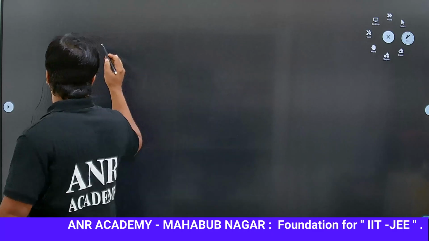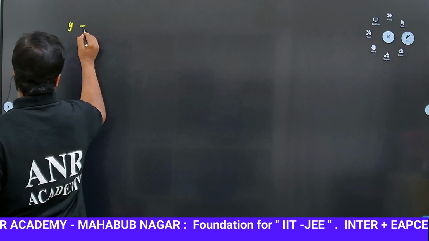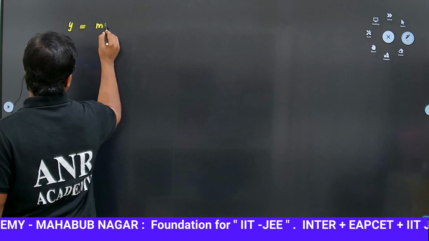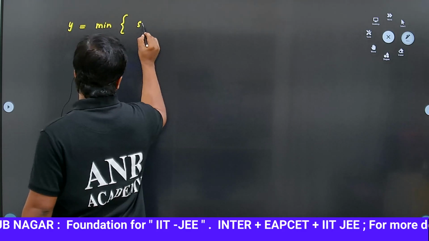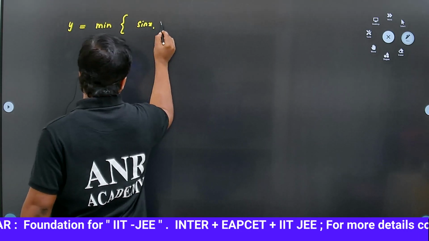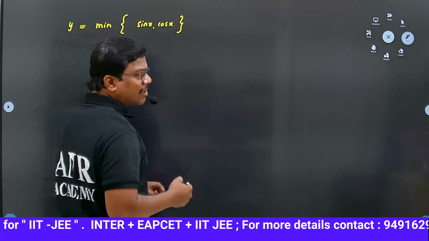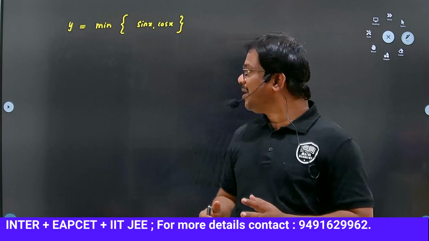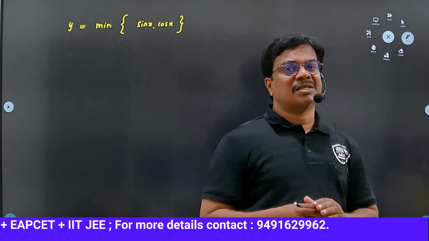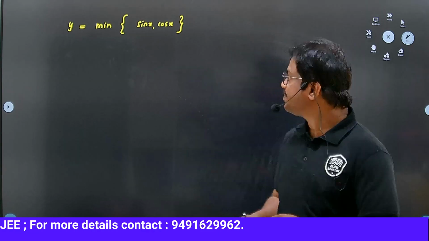Suppose that the question is, if you have y equal to minimum of sin x comma cos x. How to draw the graph of y equal to minimum of two functions and maximum of two functions, let us discuss now.